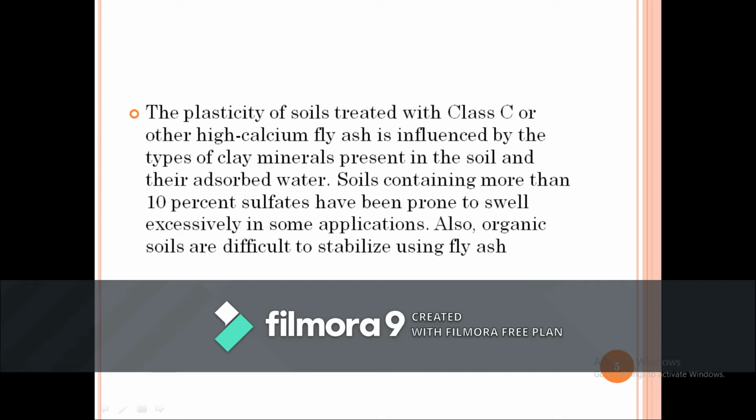So, in those types of soils also we can use fly ash for stabilization. High calcium fly ash can be used wherein the soil type is clay, or if you have more than 10% sulfates, and also we can use this for stabilizing organic soils.